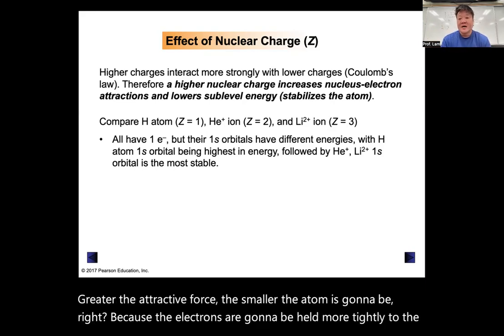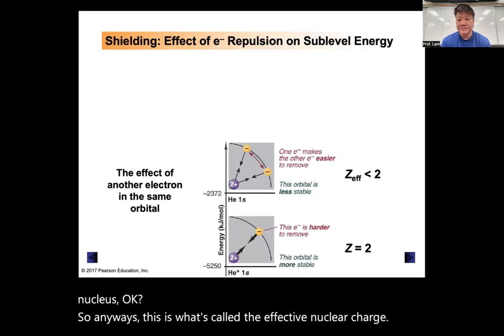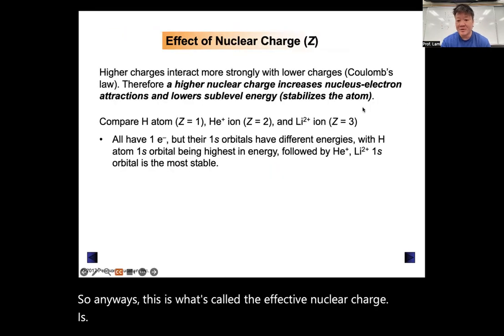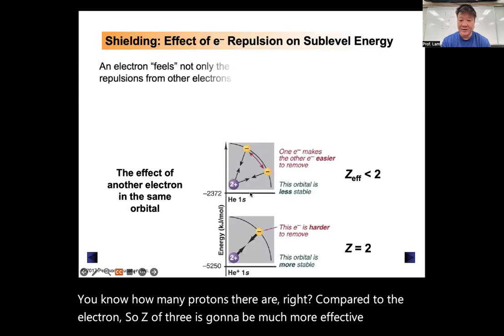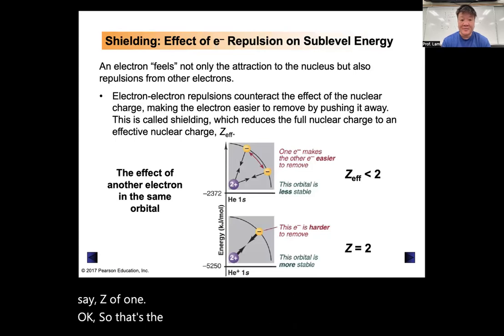Okay. So anyways, this is what's called the effective nuclear charge. It's how many protons there are compared to the electron. So Z of 3 is going to be much more effective than, say, Z of 1. Okay, so that's Z effective.